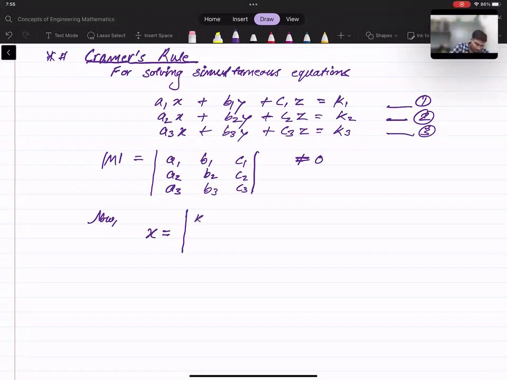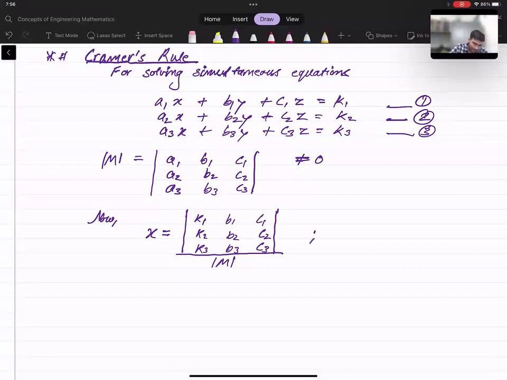So this will be k1, k2, k3, then b1, b2, b3, c1, c2, c3, and then divided by the determinant of coefficients. This gives us the value of x.